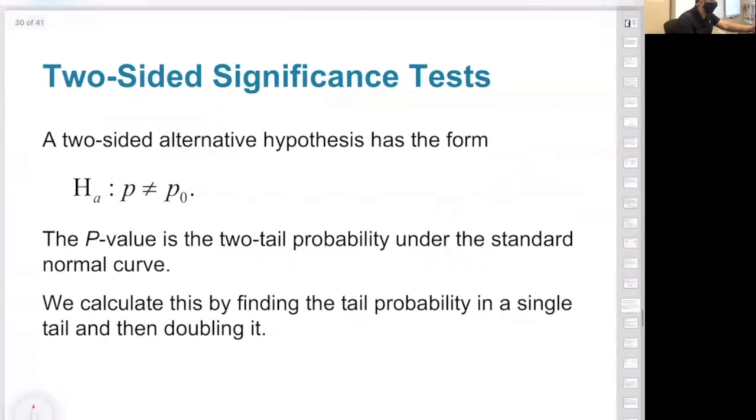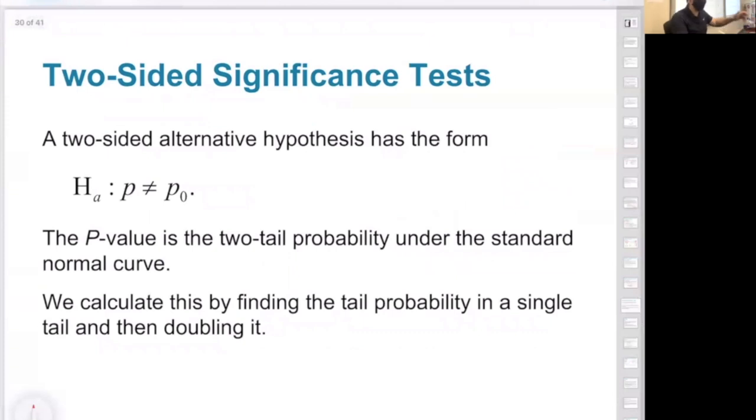Another test, this time for a two-tailed test or two-sided test. If you remember, if the alternative contains not equal, then you have a two-tailed test. What does that mean?